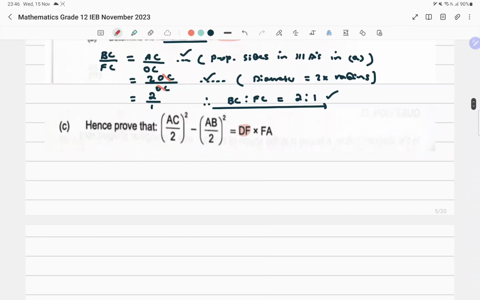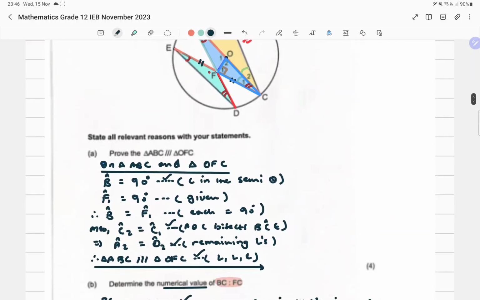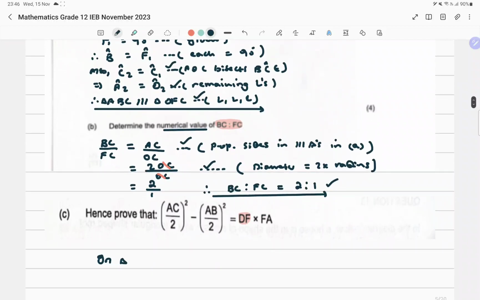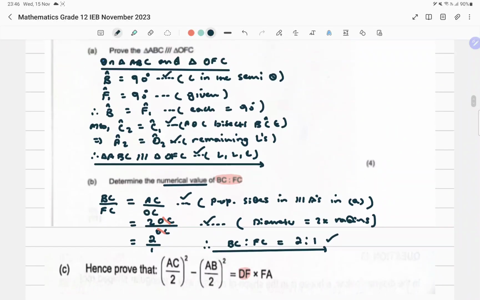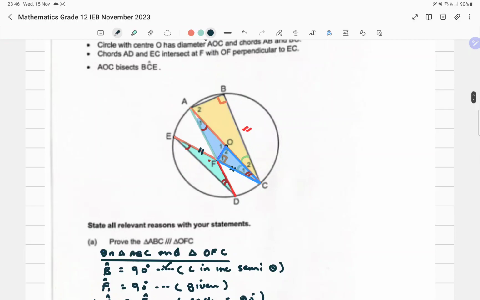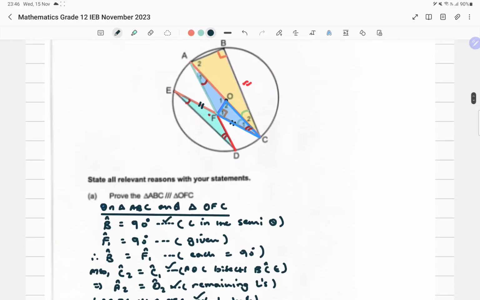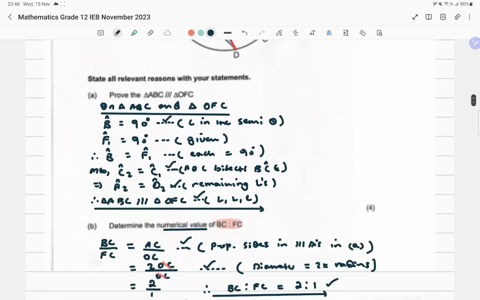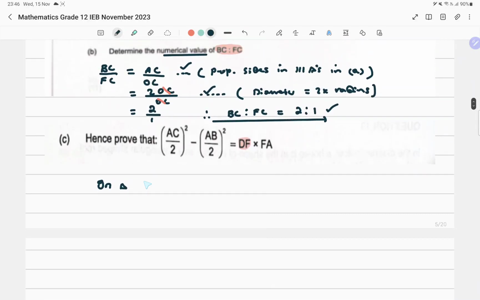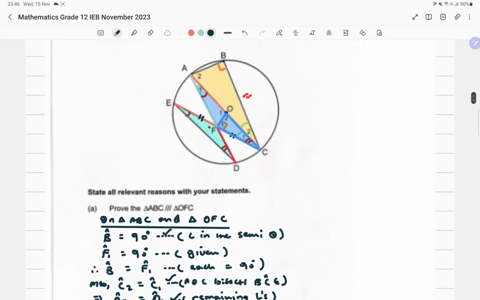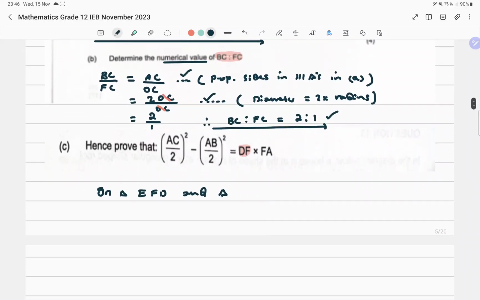We can just simply say here, in triangle, let's just call it EFD. I don't really care for the naming because it does not affect anything that I'm going to do. And triangle AFC.